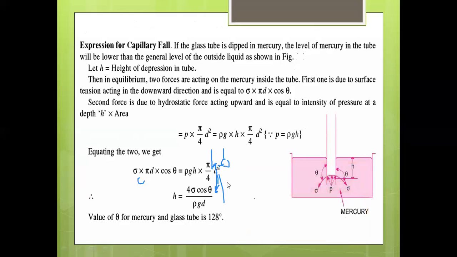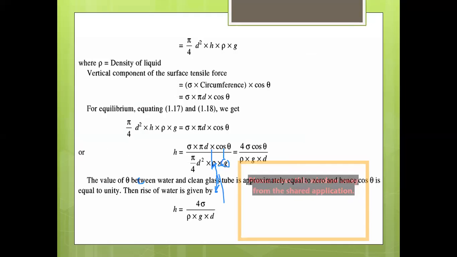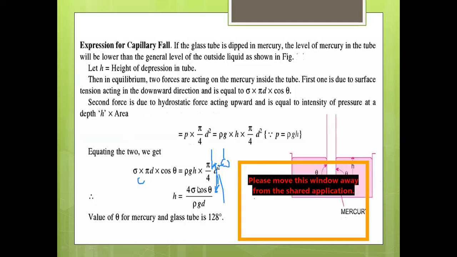You can write down this formula; both formulas are the same. Here H is the capillary rise or capillary depression. H is equal to 4 sigma cos theta upon rho g D or gamma D. Similarly here also the same formula, 4 sigma cos theta upon rho g D or gamma D.